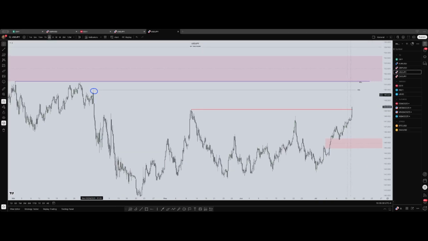We have an order block here. Normally order blocks make price change direction, mostly when there is a level like this, a high, a break and an order block. So this order block is interesting to see how price reacts, but it seems very, very strong. This price is moving like a rocket now.